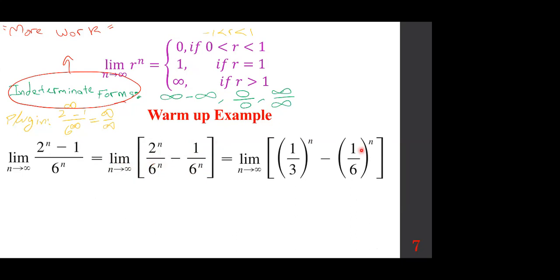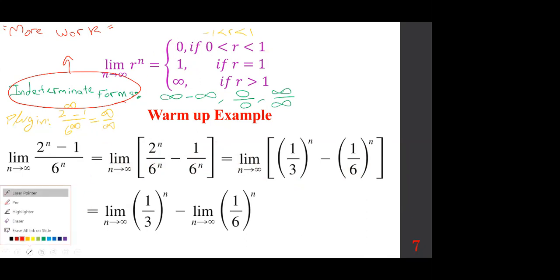Now, going back to the top, we're going to use this one because r is between 0 and 1. Each case goes to 0, and the result is 0.